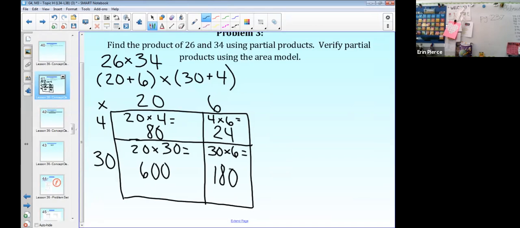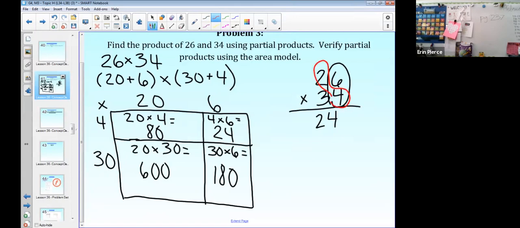So we have 26 times 34. And we just start with ones. 4 times 6. Everyone. 24. Going to my next one. 4 times 20. 80. 80.